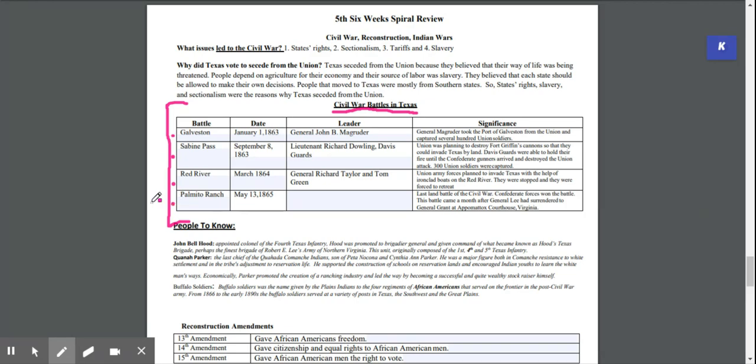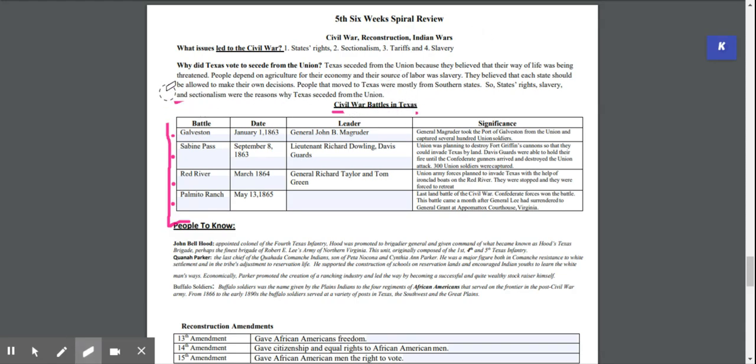And the Battle of Palmito Ranch, May 13th of 1865. The significance of this battle: it was the last land battle of the Civil War. Confederate forces won the battle. This battle came a month after General Lee had surrendered to General Grant at Appomattox Courthouse.